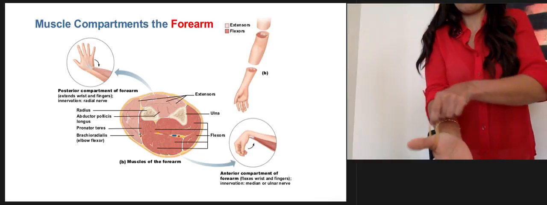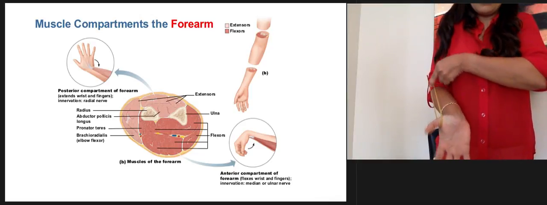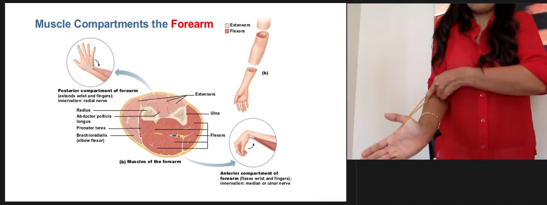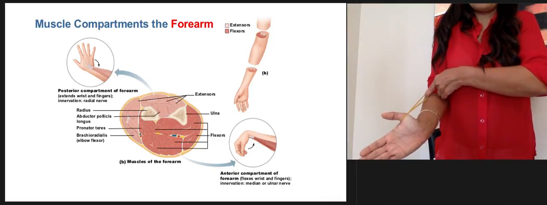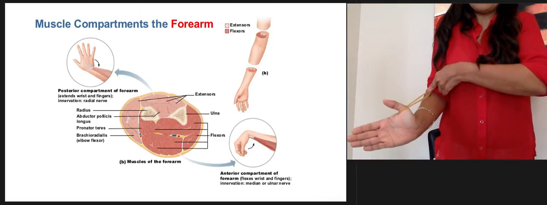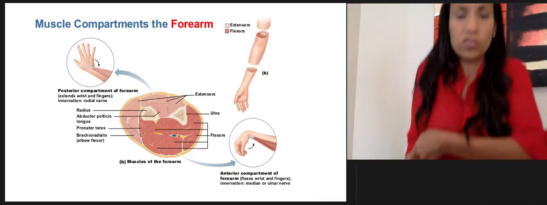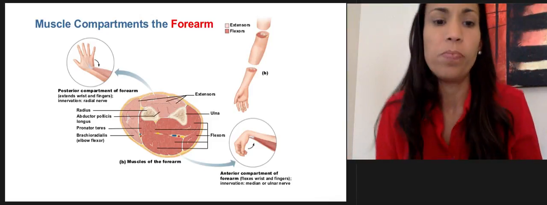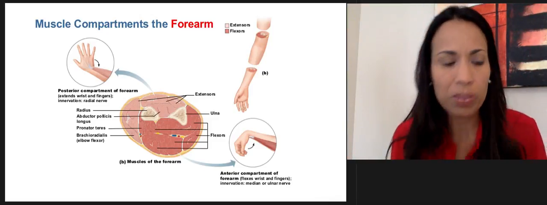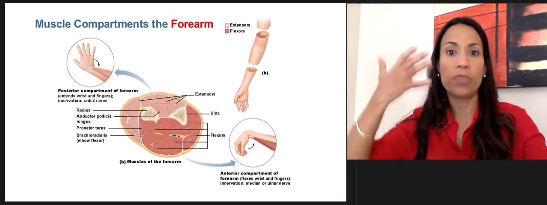If now I put it on the lateral side and I pull it, I can produce radial deviation or abduction. That's how we explain the movements on the upper limb.